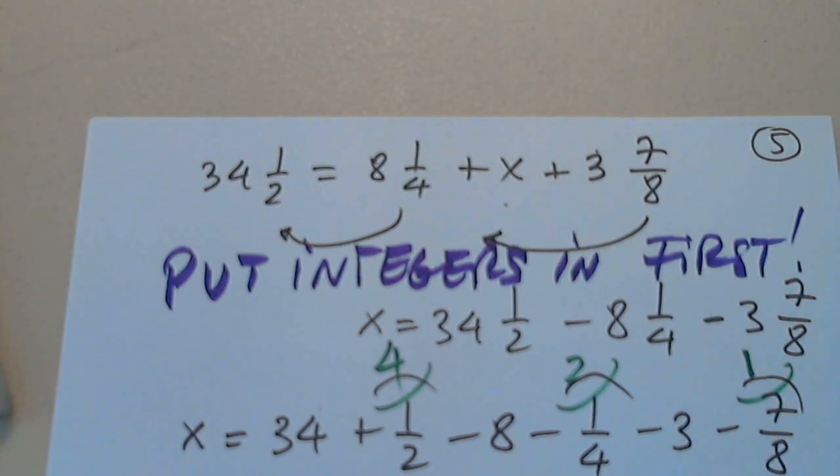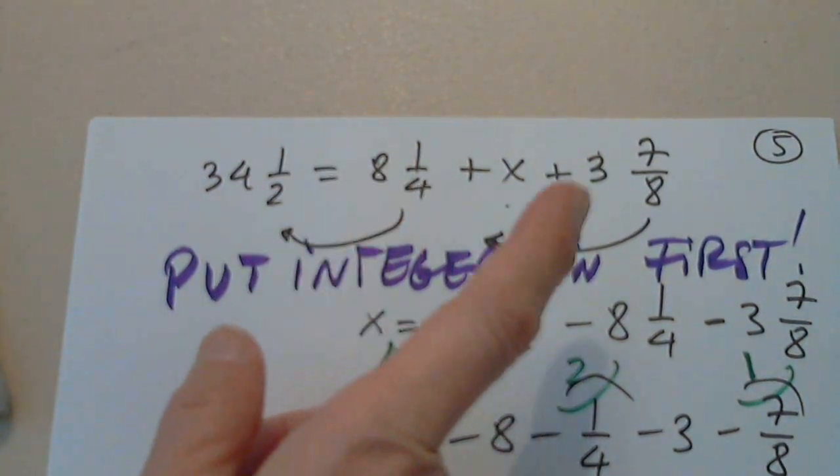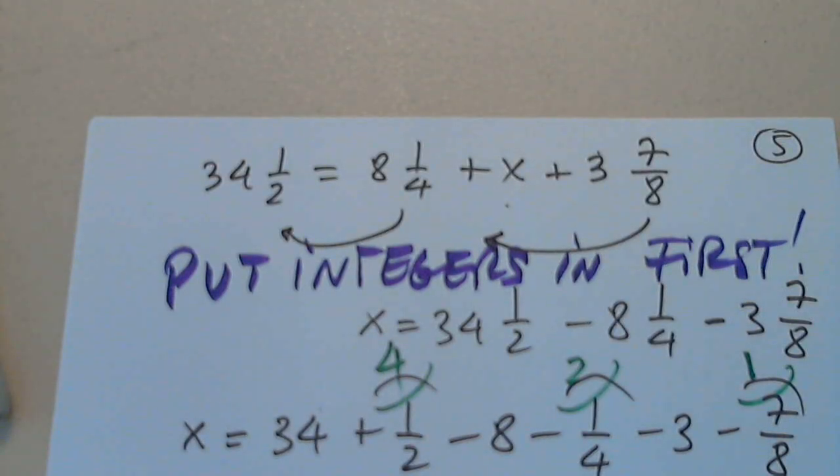And that makes it a little bit more work, but maybe that's what you want to do, that's fine. But you first have to put the integers in before you multiply both sides by 8 to eliminate all fractions. Very good question. Is this okay?